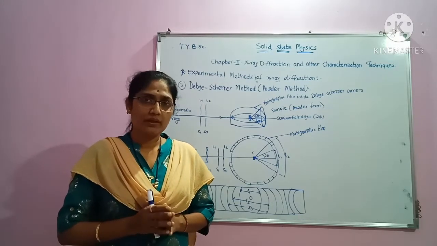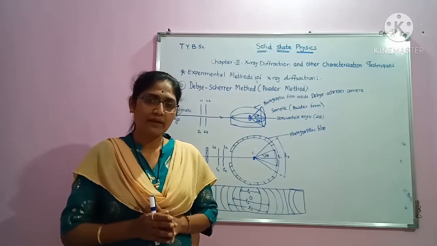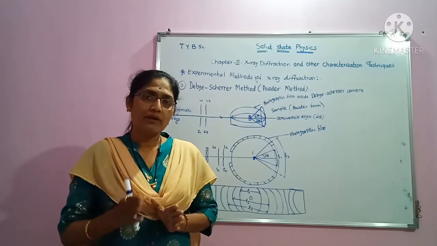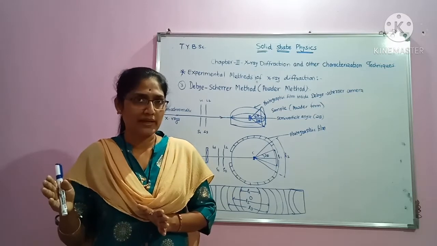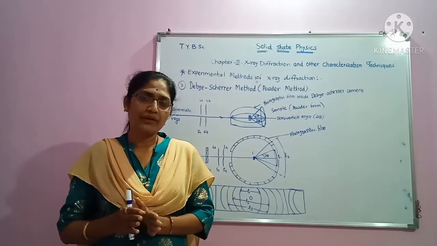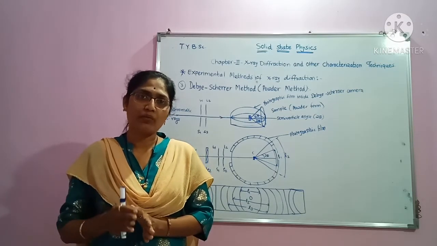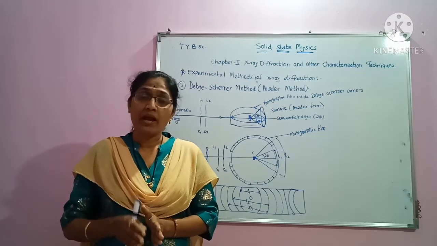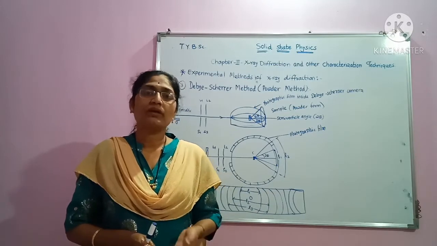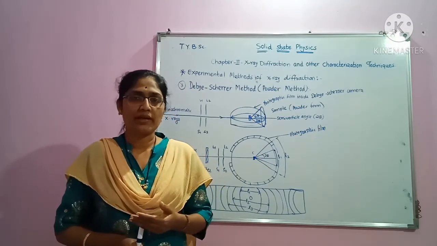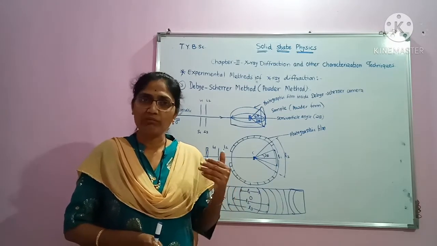In Miller indices we have seen that in a crystal there are atomic planes oriented in a particular direction. The planes oriented in a particular direction will have a constant value of d, and if they are oriented in a different direction they will have different values of hkl and also different values of d.